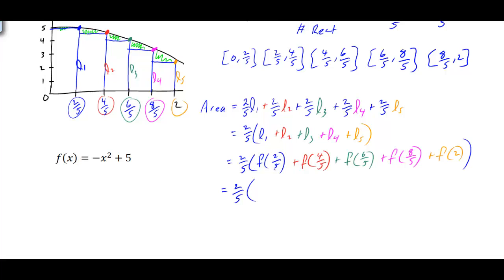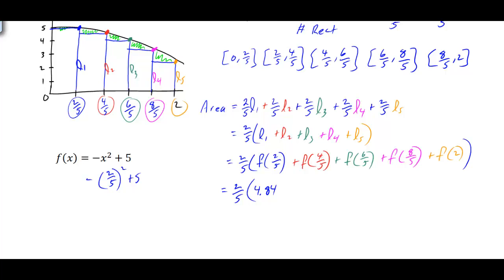If you plug 2/5 into this function, and keep in mind this would be negative 2/5 squared, so you don't want to square the negative, it's negative 2/5 squared plus 5. So you're squaring the 2/5, then the negative, and you're going to end up with approximately 4.84.